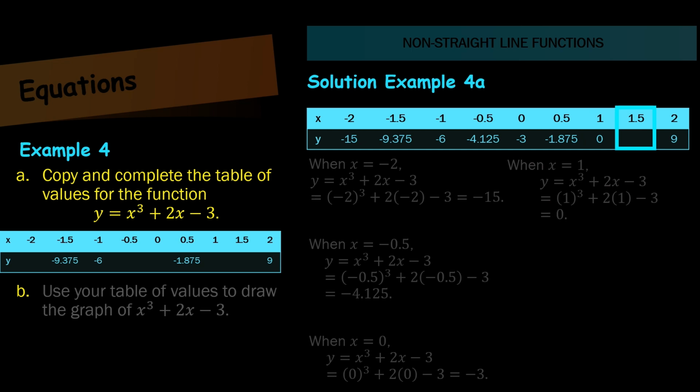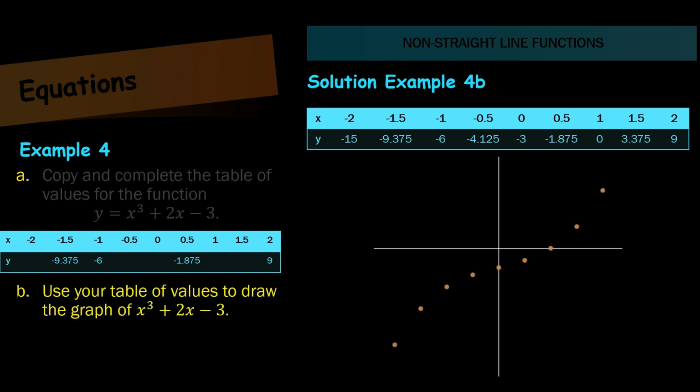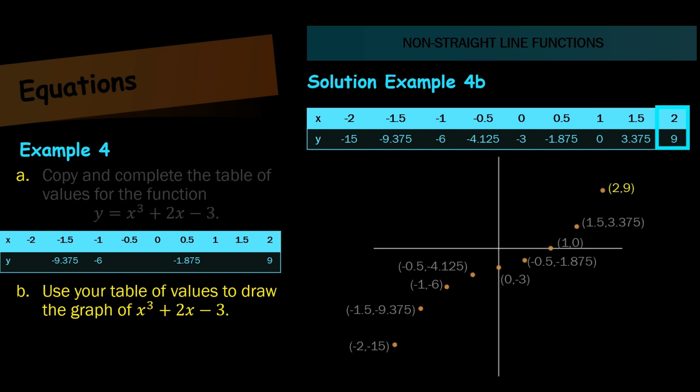And finally, for x equals 1.5, plugging in x equals 1.5 gives us 3.375. So plotting these gives us the graph shown. This is (-2, -15), and so on throughout the graph.